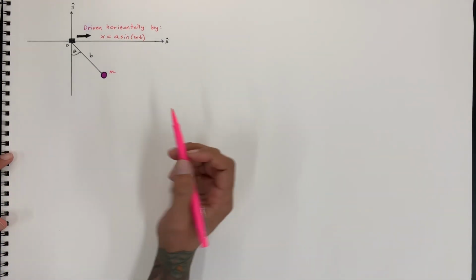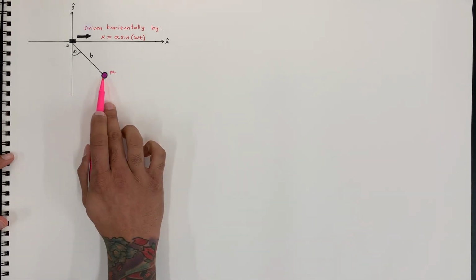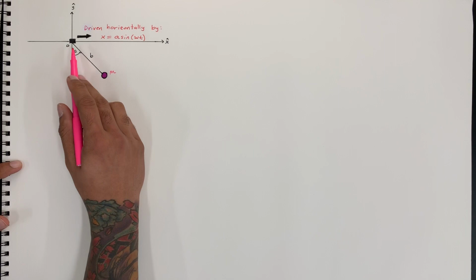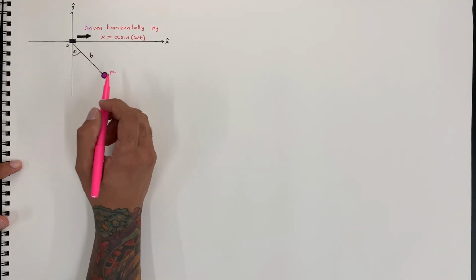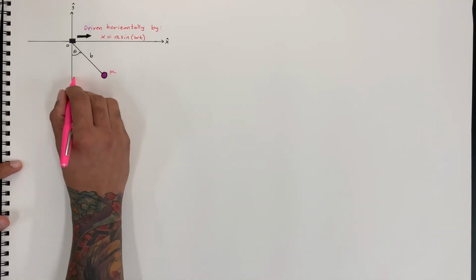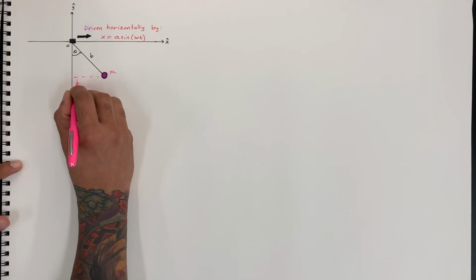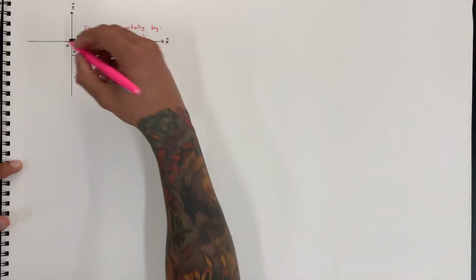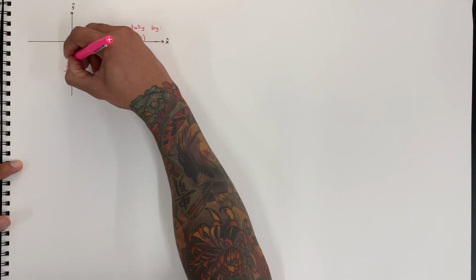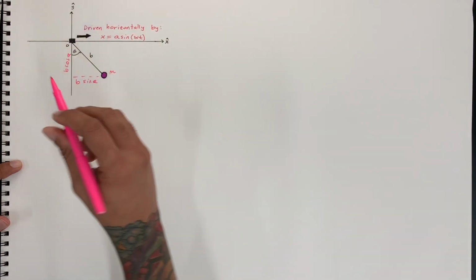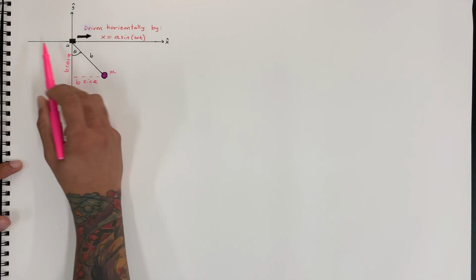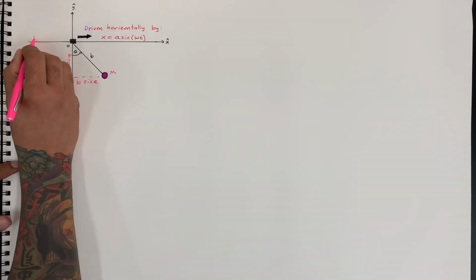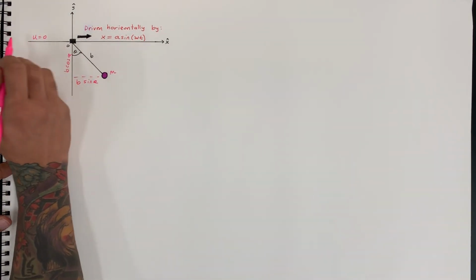So let's identify the position of the ball, and seeing as how we have our theta here, we're going to identify this side here as b sine theta, and adjacent over here is going to be b cosine theta, which is below the x-axis, and so our potential is going to be the x-axis.